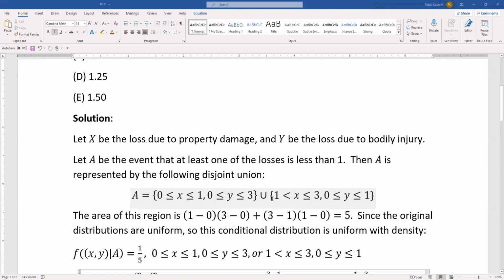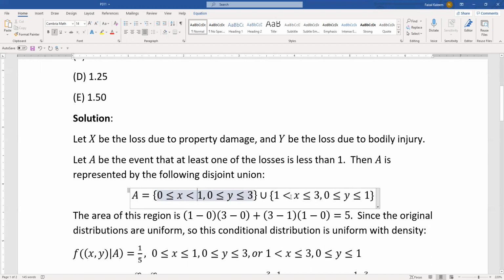And if X, instead of being between 0 and 1, is greater than 1 and less than or equal to 3, then since X is not satisfying the condition of being less than 1, Y has to be less than 1. So to be more accurate, here X is less than 1 and Y could be anything.